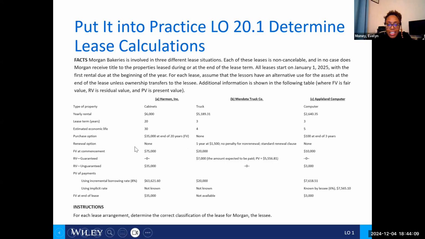I see that there is a renewal option. 1 year at $1,500. There's no penalty for non-renewal, and it is a standard renewal clause. Ultimately, that could affect my present value, but it's fine. We've already met the economic life test. If anything, it makes me at 100% instead of 75%.